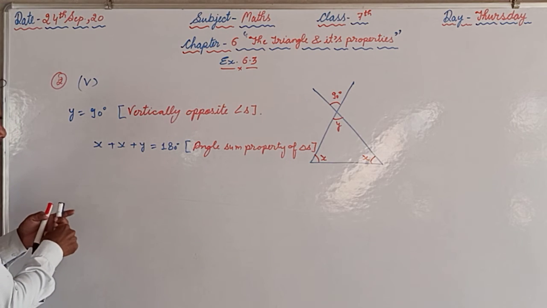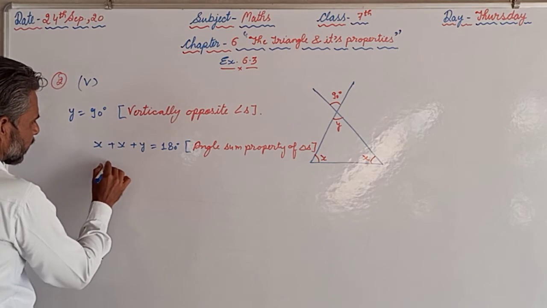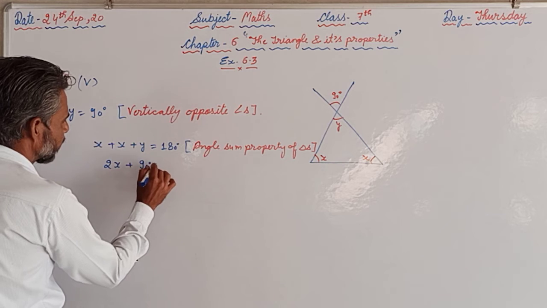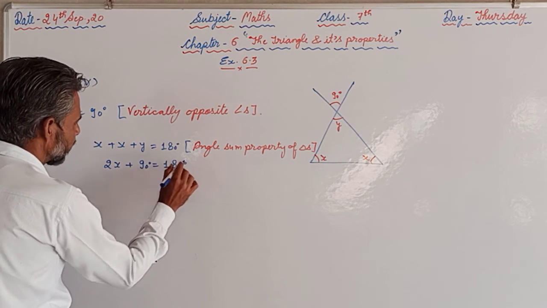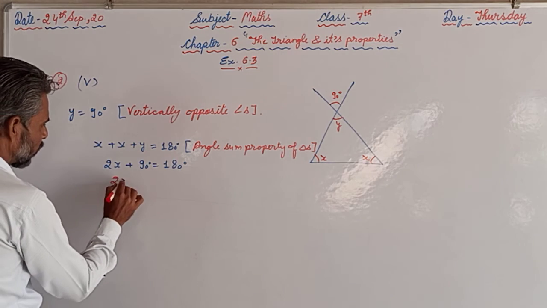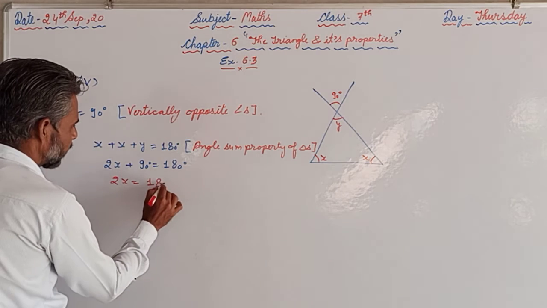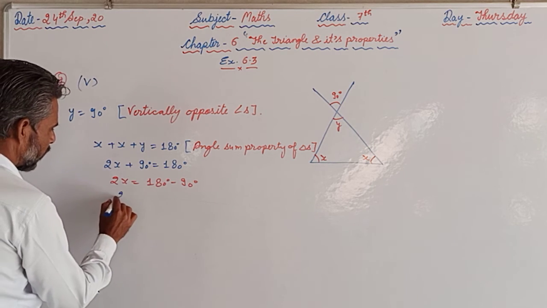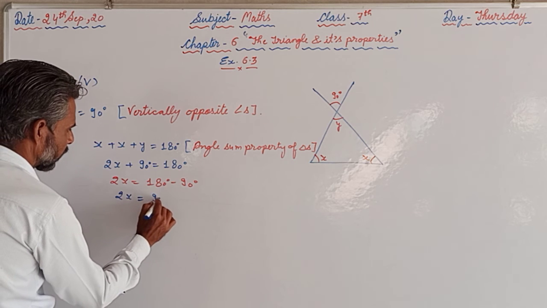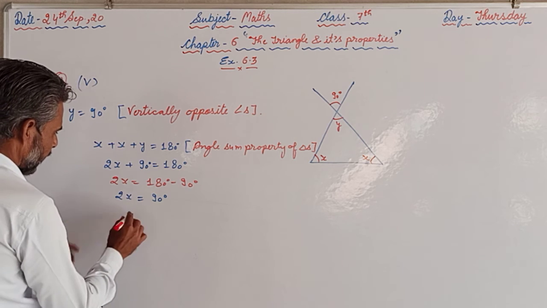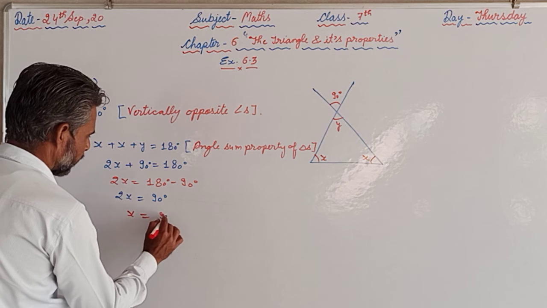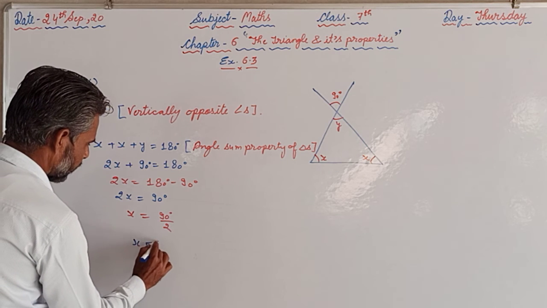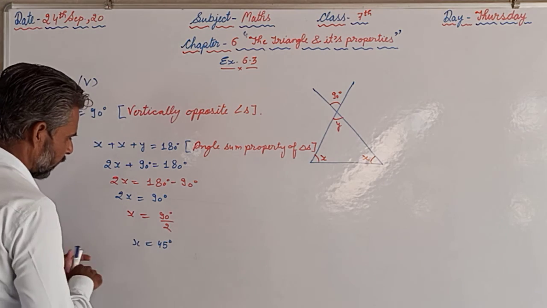So we got the value of y already, x plus x, that is 2x plus 90 degree is equals to 180 degrees. From here we got 2x is equals to 180 degree minus 90 degree, 2x is equals to 90 degree and x will be equals to 90 degree upon 2 and x will be equals to 45 degrees.